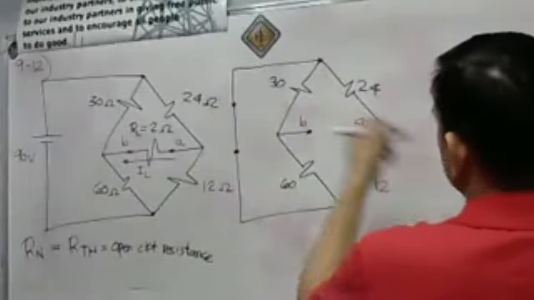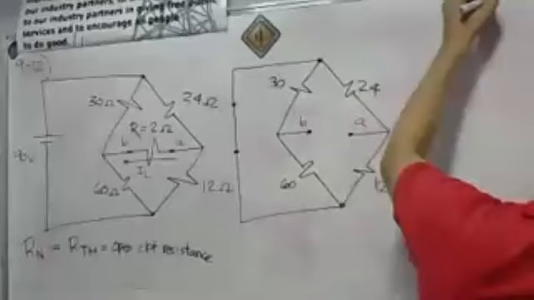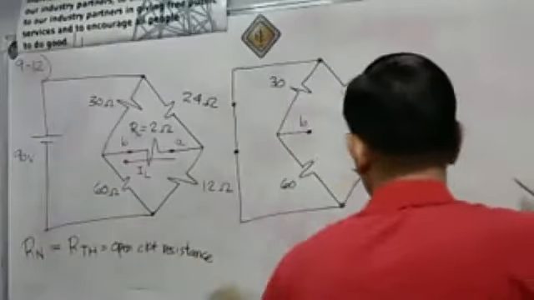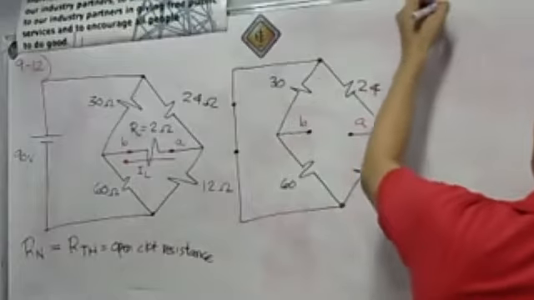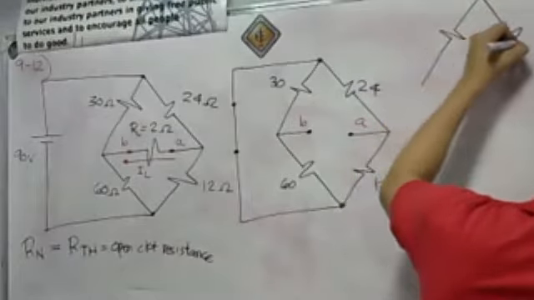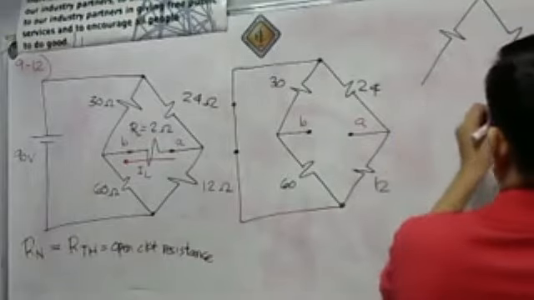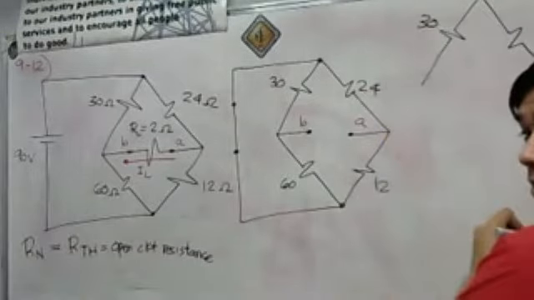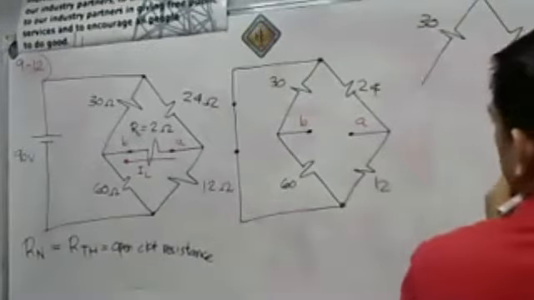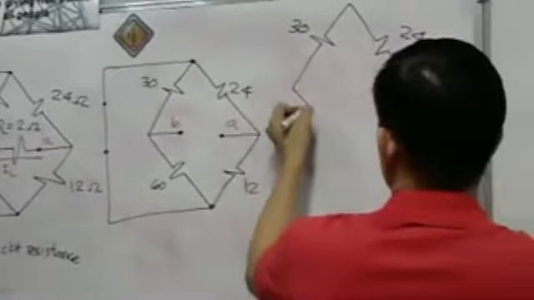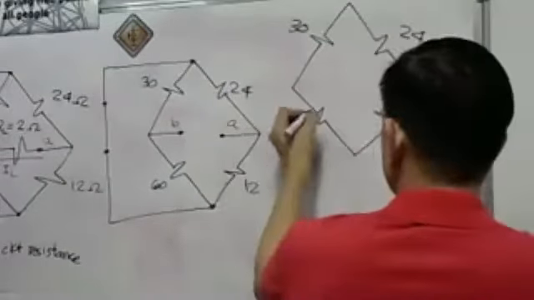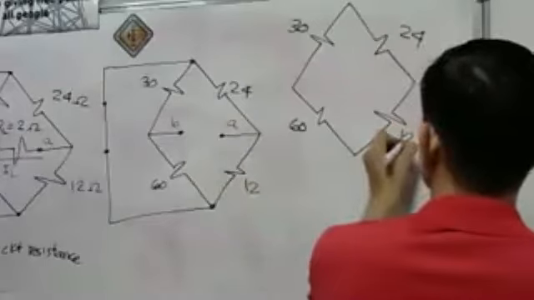We have here our 30 ohm resistor, so this is our 30. This is our 24. Then we have our 60. We have our 12.